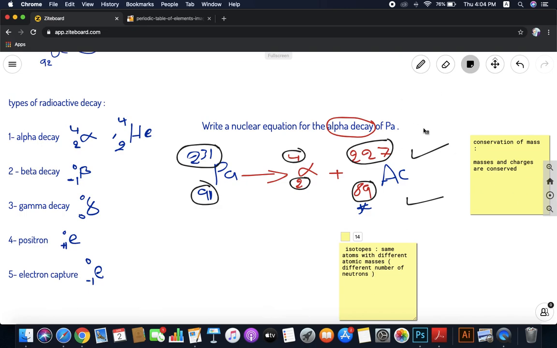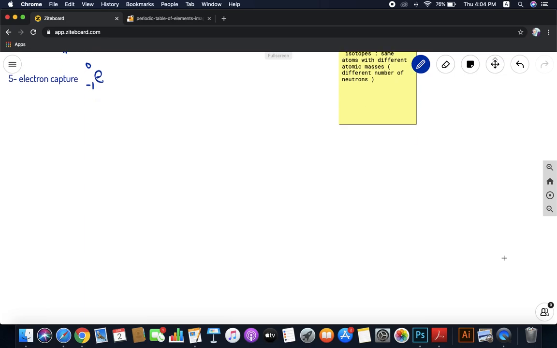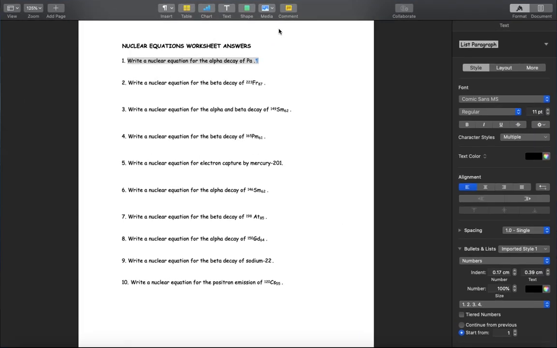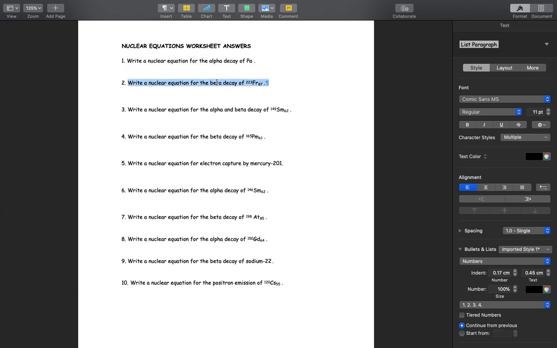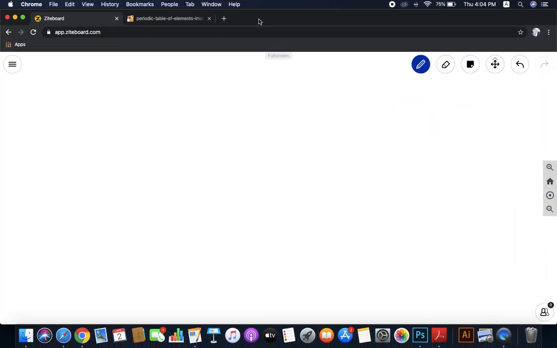Now, let's take another question. The question is to write a nuclear equation for beta decay of francium 223, 87.